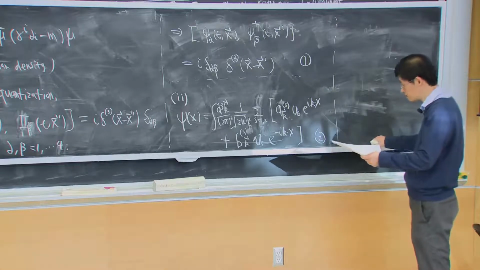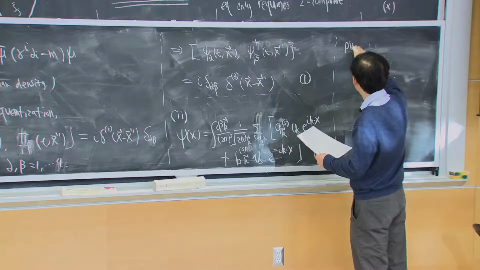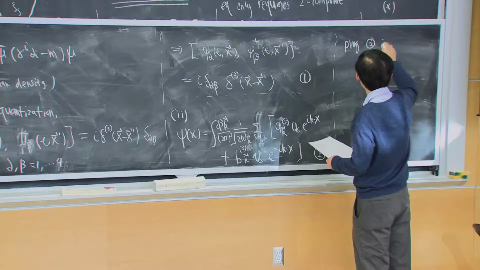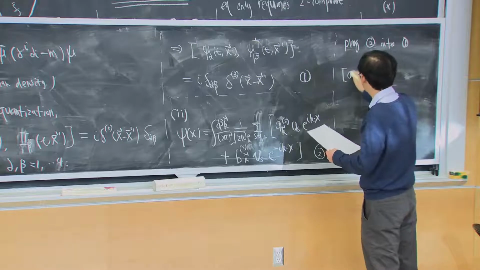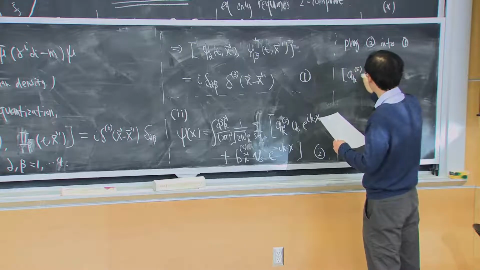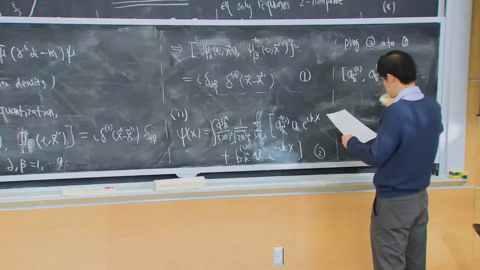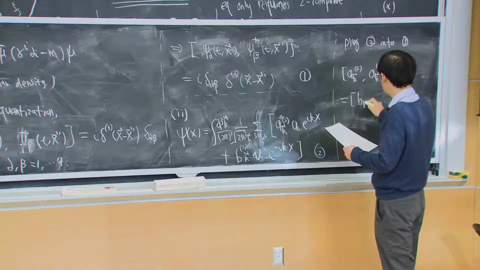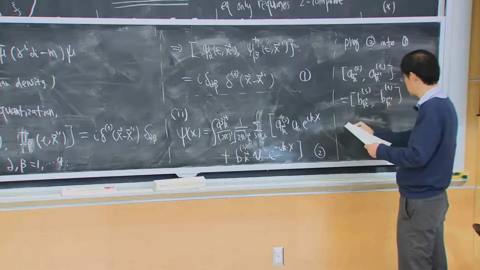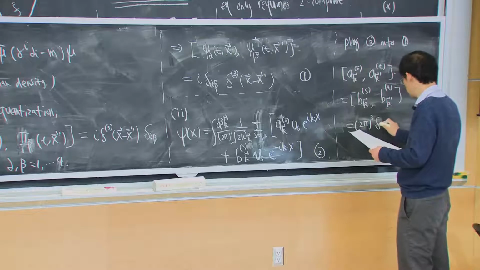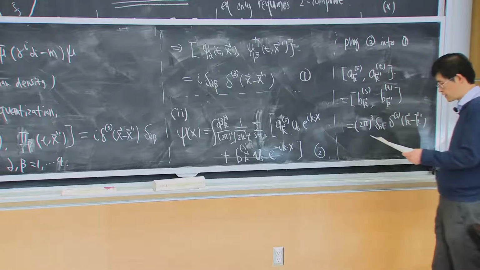So you find the commutation relation: a_k^s and a_k'^t dagger, and b_k^s and b_k'^t dagger, equal to (2 pi)^3 delta^{st} delta^3(k minus k prime).